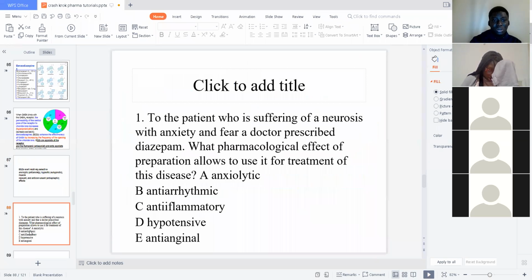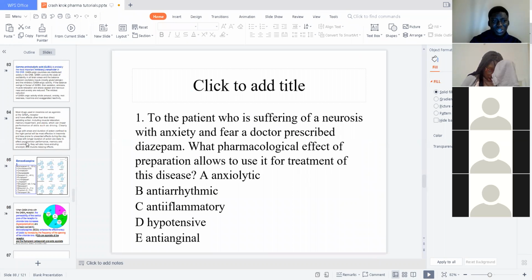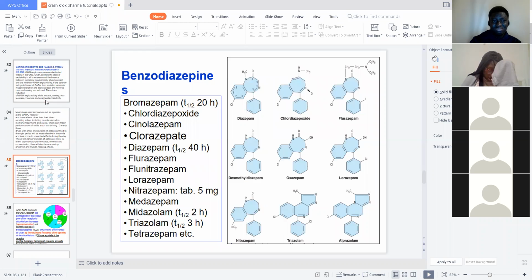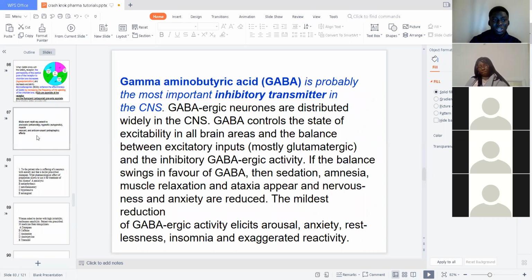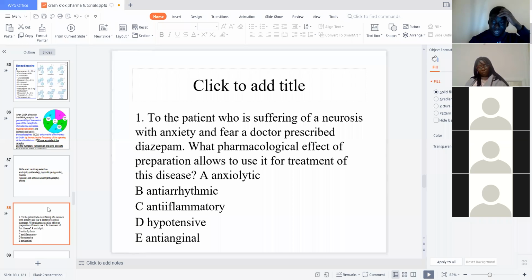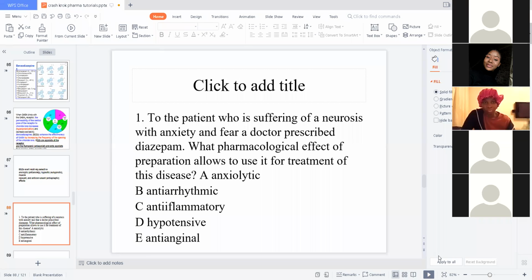Okay, so does anyone have questions so far? Any questions? No, okay, question 1. A patient who is suffering from a neurosis with anxiety and fear was prescribed diazepam by a doctor. What pharmacological effect of the preparation allows its use for treatment of this disease? Anxiolytic.